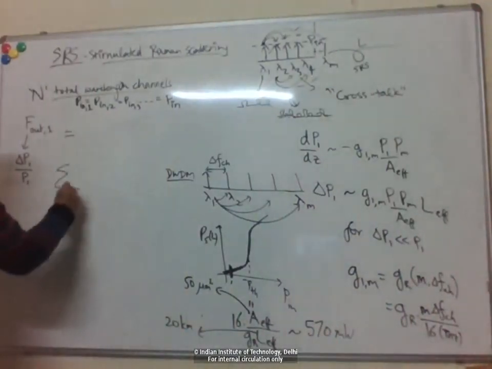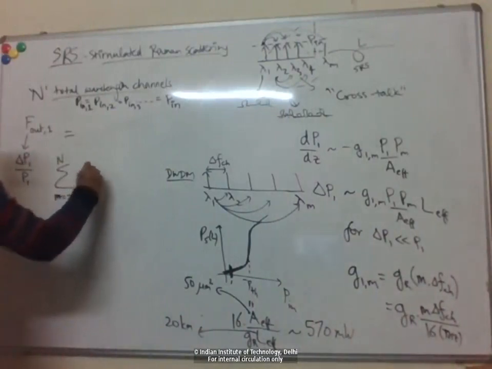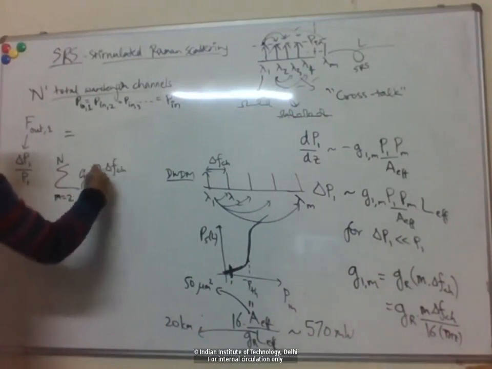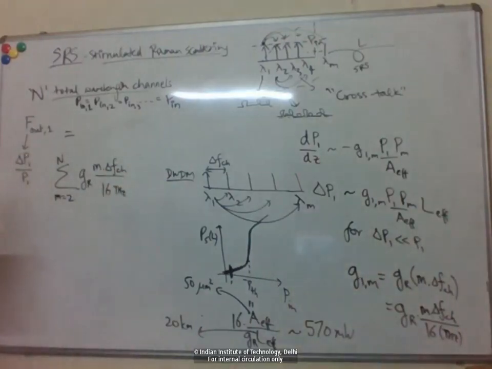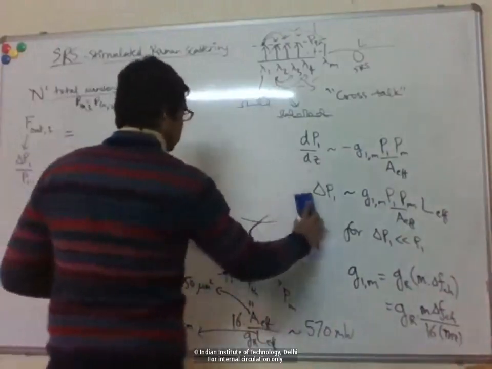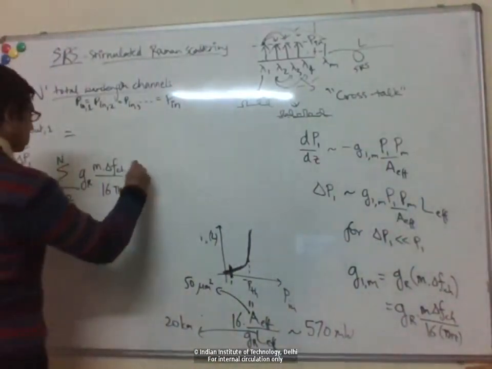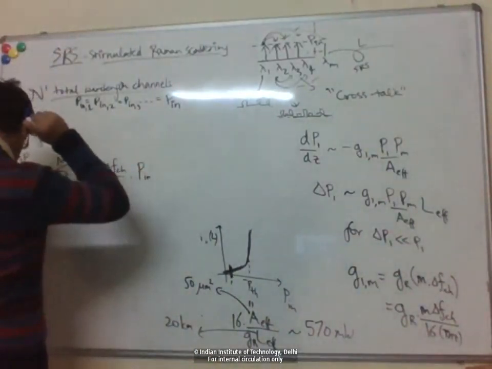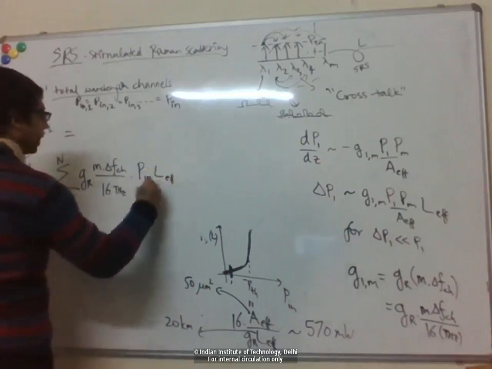I'll write that below. This I can write as, divided by 16 terahertz, now multiplied by P m, which is just P in, times L effective by A effective here.